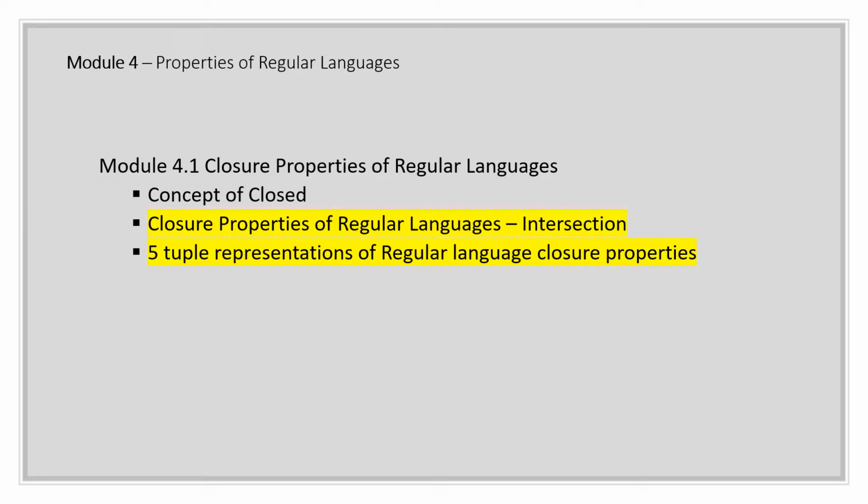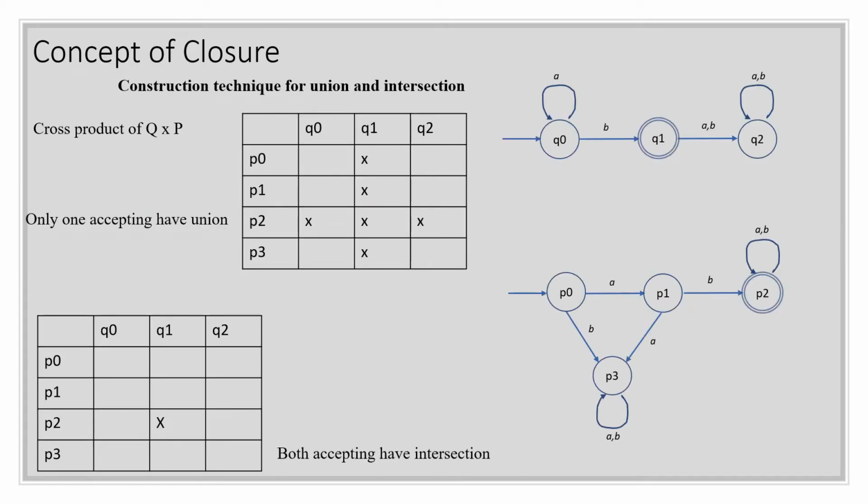So intersection is more complicated, and you can also use this technique for union, but there are easier ways to do it. But to show the closure property of regular languages for intersection, you need to create the cross product of two DFAs. Remember that the definition of a regular language is that there exists a DFA or NFA, and you know that if there exists an NFA, there exists a DFA.